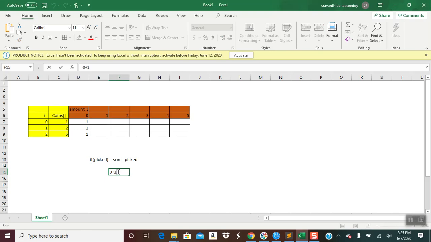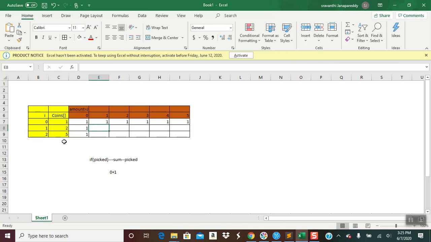So 0 plus 1 is 1. This is the 1 here. So now you are picking 1, so remove it from the sum. 2 minus 1 is 1. So coins of 1 is 1. 0 plus 1, that's again 1. It's the same for all, because we know it is always 1.